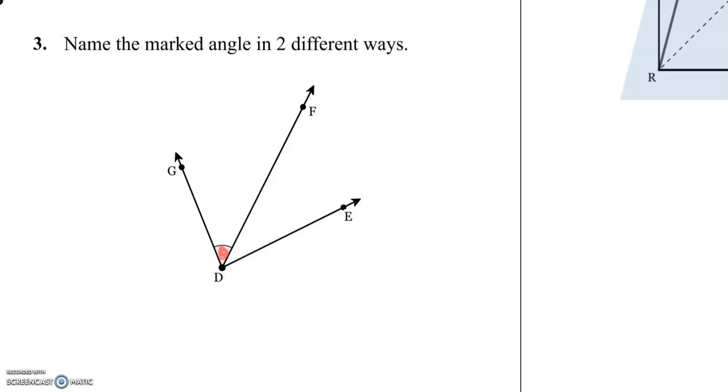Okay, so I can name it angle, put this little angle symbol here, and say GDF, or I can name it and come this way, FDG. Notice how the D, the part in the middle of the angle, is in the middle on both of these.